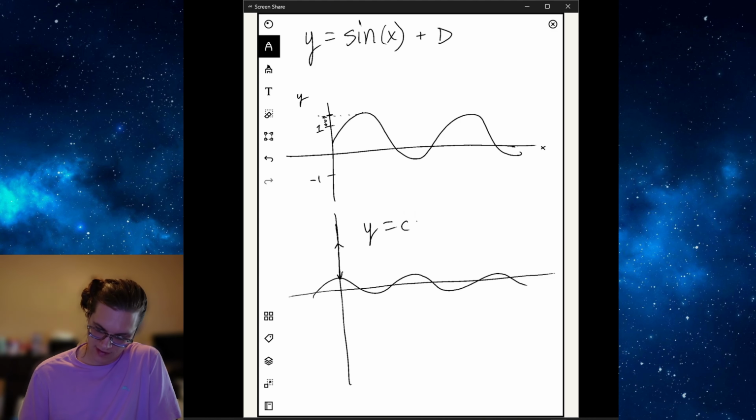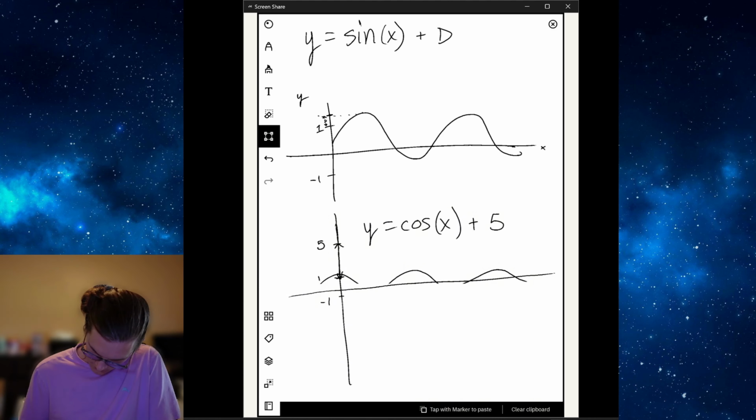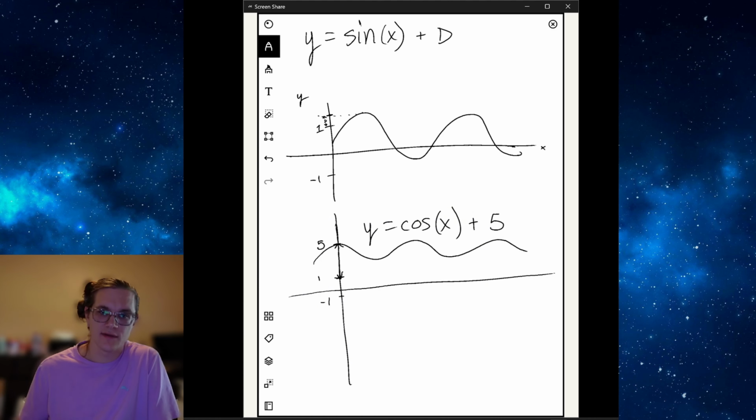And then, for example, cosine of x plus 5, remember outside the argument here, the original cosine function that we have would go from 1 to -1 here, and our shift in the y is going to be up 5 units.